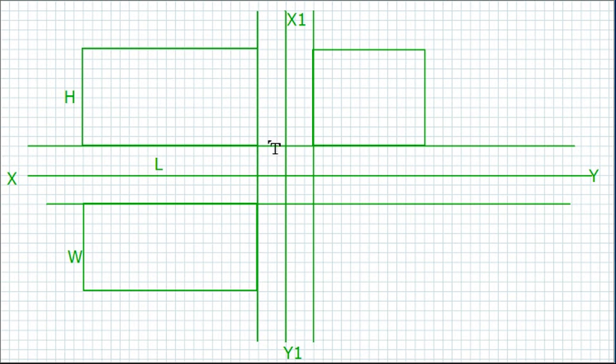Just to draw the side view, we can draw a line at an angle of 45 degrees like this, and transfer these projection lines from here.